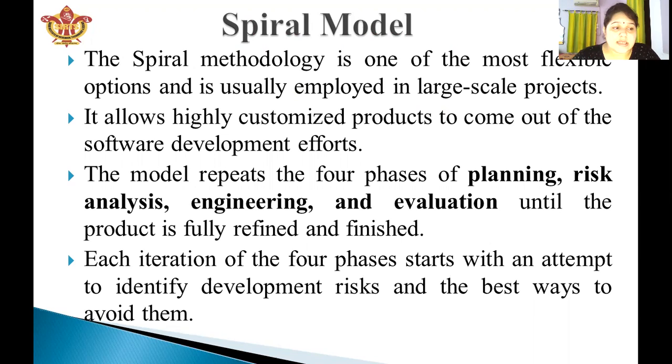The spiral model has four phases to complete its cycle: planning, risk analysis, engineering, and evaluation, right? A software project rapidly passes through these phases in iterations, which is called a spiral in this model. It also allows highly customized products to come out of the software development efforts.